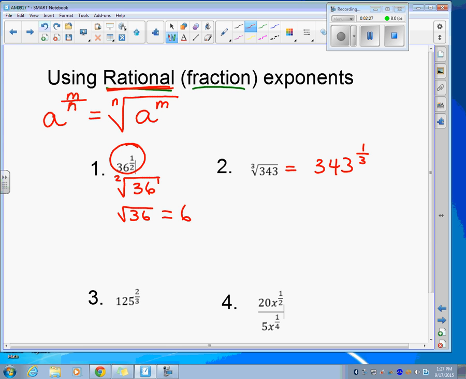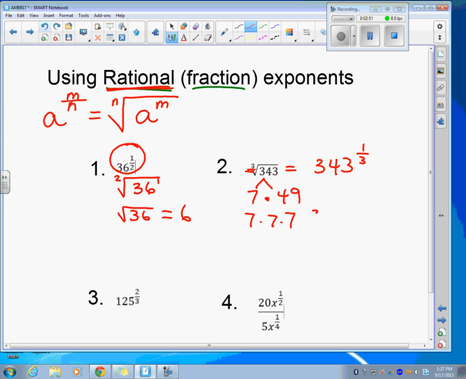And the way we're going to show our work is I'm going to start dividing this, because remember, this means that I have to have 3 in my group. So I know that 7 goes into 343 49 times. So as I factor this, this is really 7 times 7 times 7.